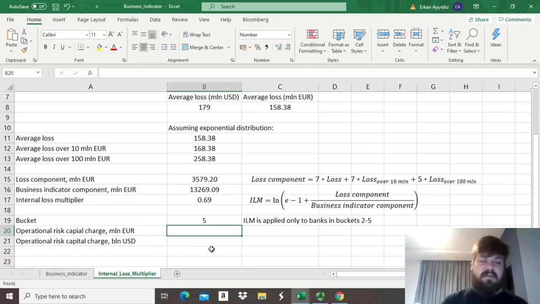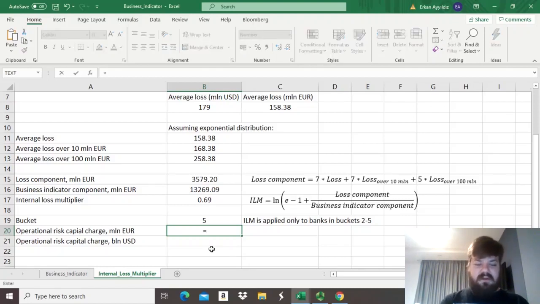We don't want a bunch of banks to stay very small, irrationally small, just to avoid additional operational risk capital charges. To provide for that, we need to first of all consider 110, which is the operational risk capital charge, the maximum that banks in bucket one can be asked to reserve.